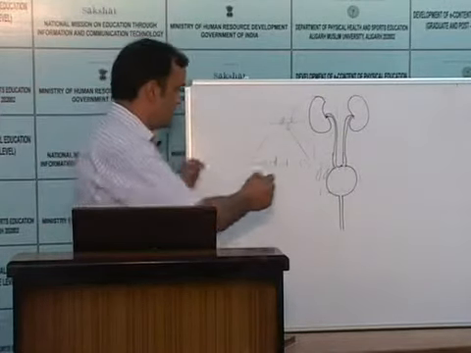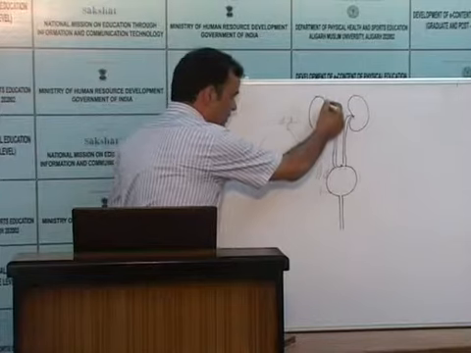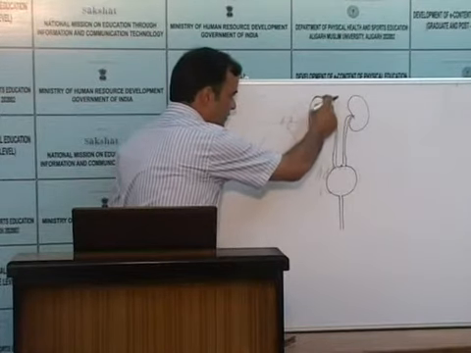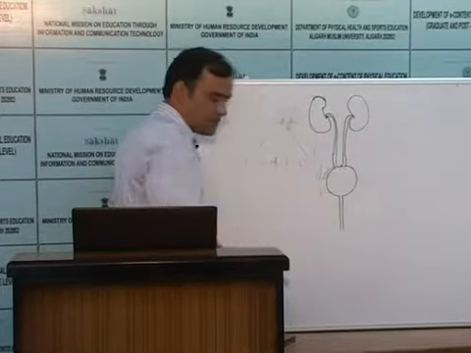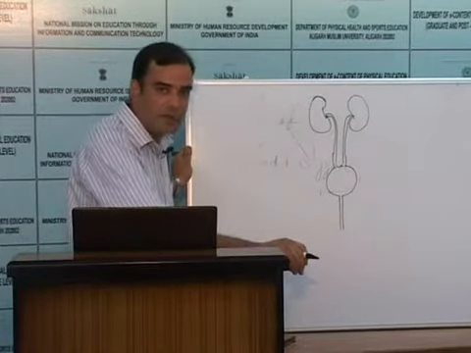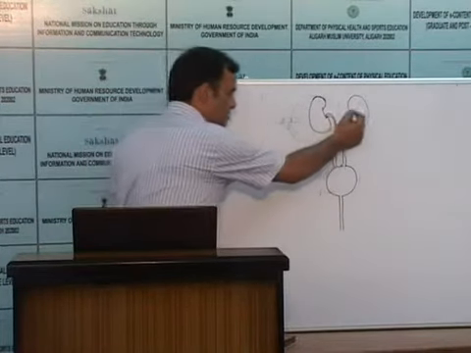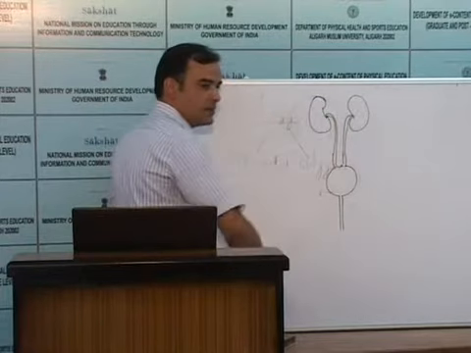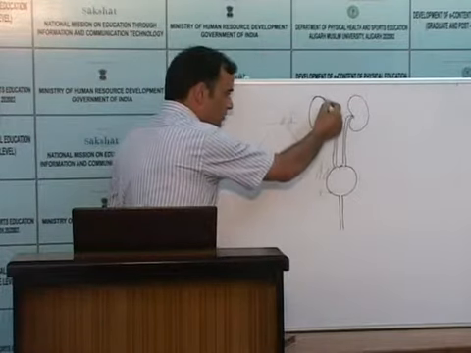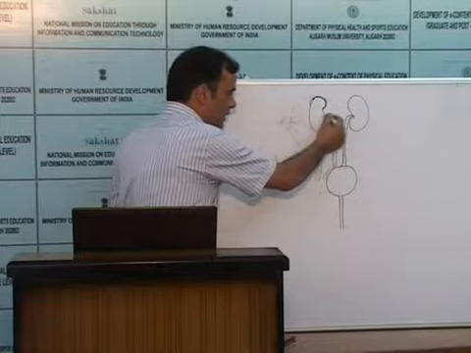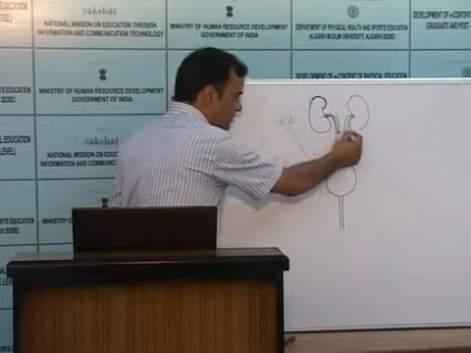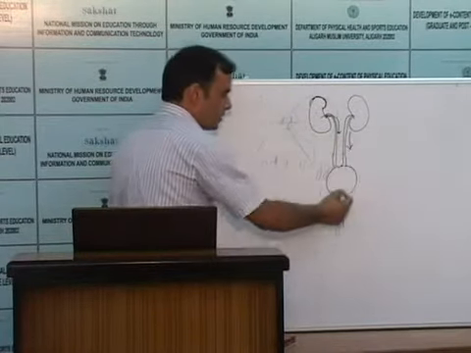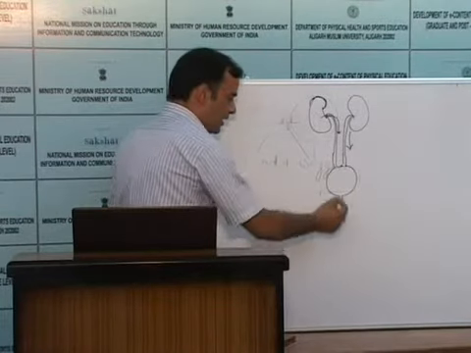Urine, which I said earlier, is through which the kidneys excrete different wastes from the body. Urine is produced here in these kidneys, and after production of urine, urine passes through these ureters into the urinary bladder where it is stored.